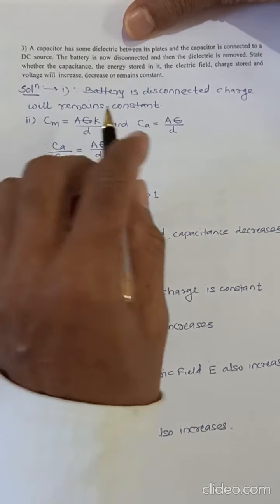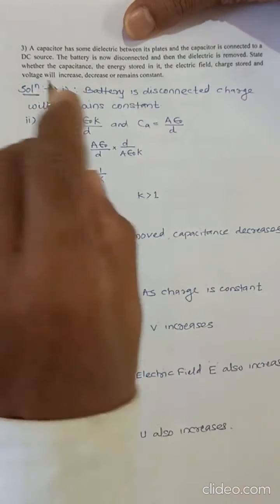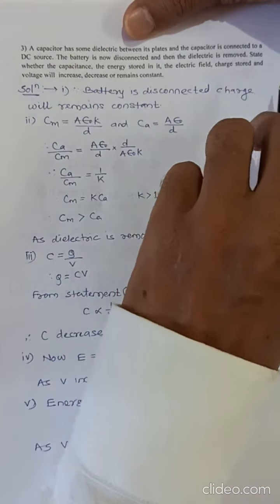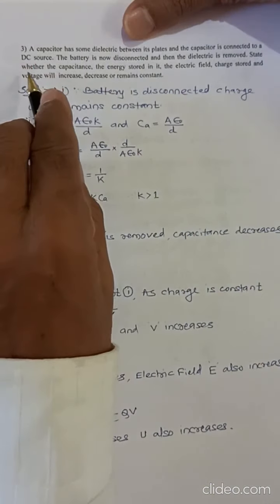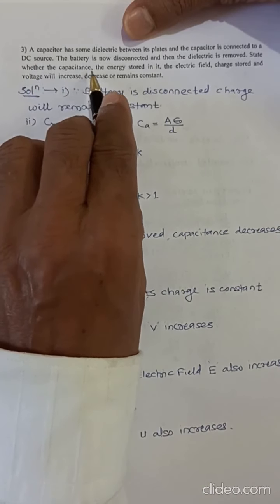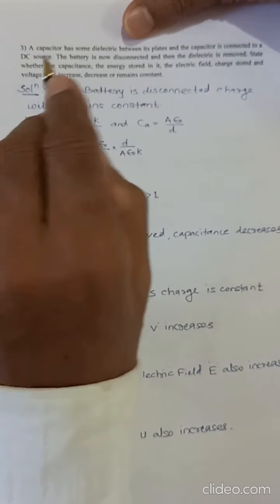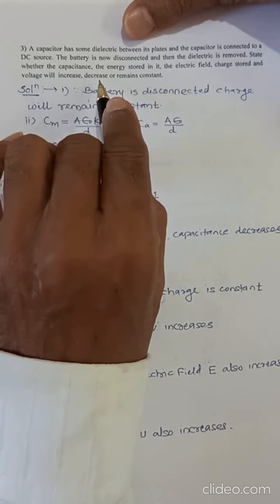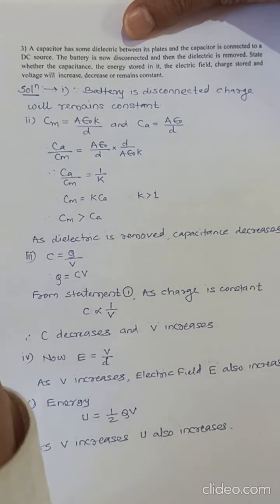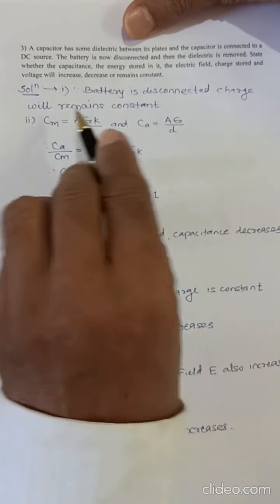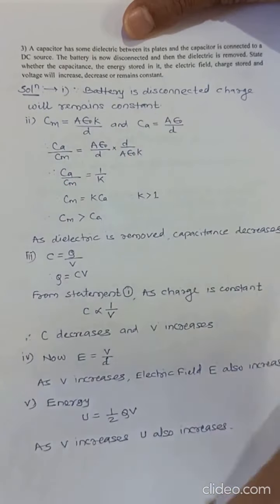So the required quantity: state whether the capacitance, the energy stored, the electric field, charge stored and voltage decrease, increase or remain constant. So in this problem, charge remains constant.